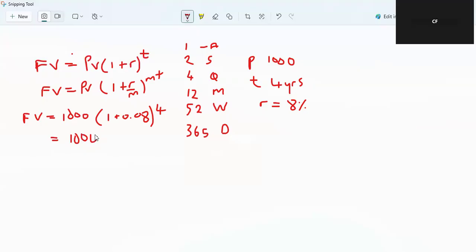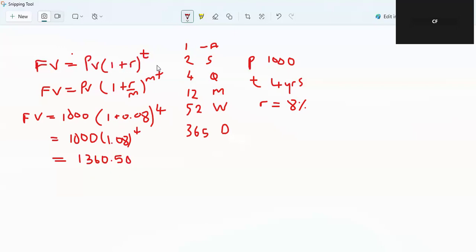What do we get? I don't know if I've calculated properly. I have 1,360.5. You can say 0.49 or 0.50. This is when compounded annually.